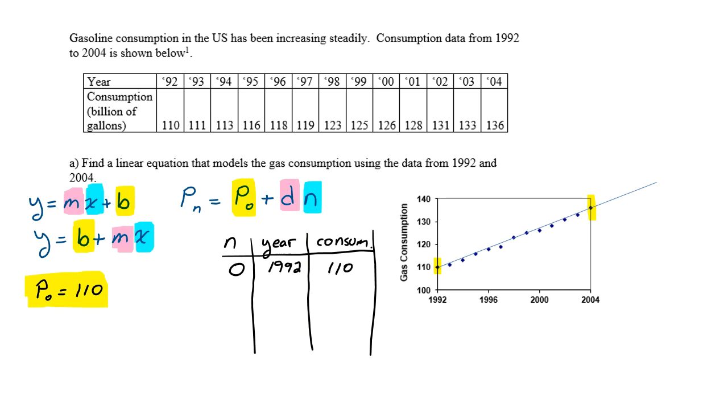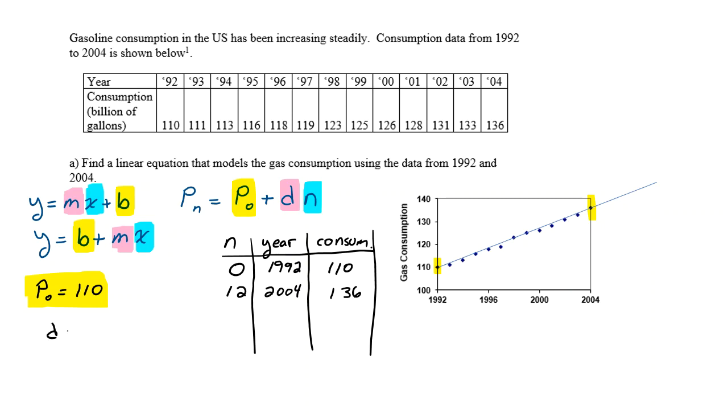Now the next year we're going to look at is 2004. If 1992 is year 0, then what year would 2004 be? That'd be 12 years, right? 1992 to 2004 is 12 years. So 12 years from now, the consumption is 136.